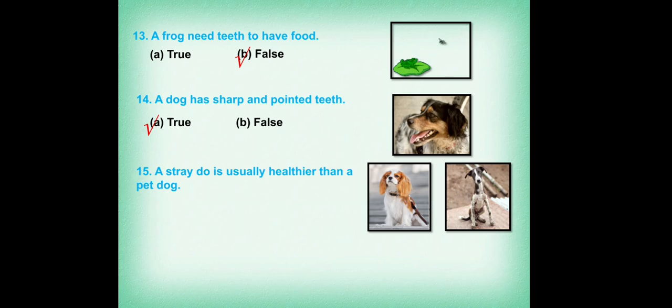Do you see all the stray dogs healthy? No, only one of them might be. But pet dogs are healthier, not the stray dogs. So the answer is false, right? Pet dogs are usually healthier, not the stray dogs.